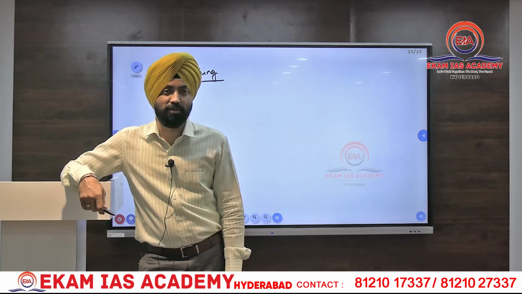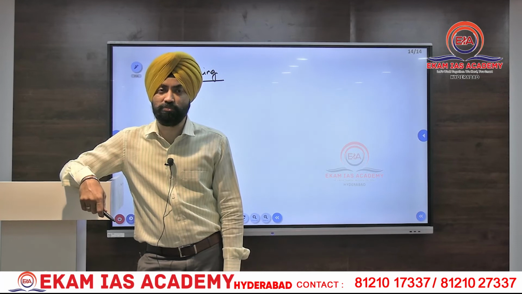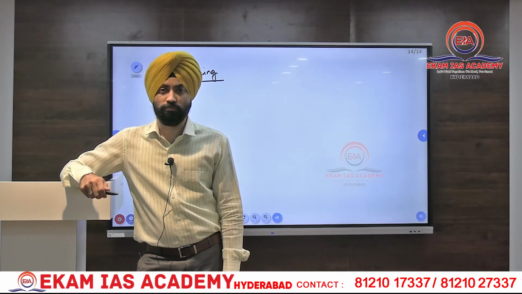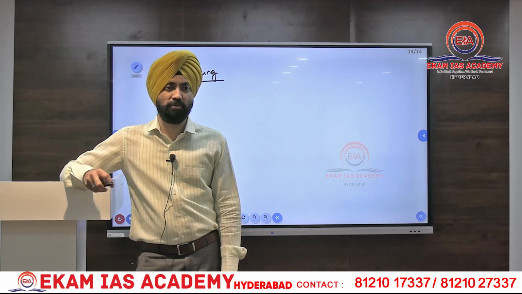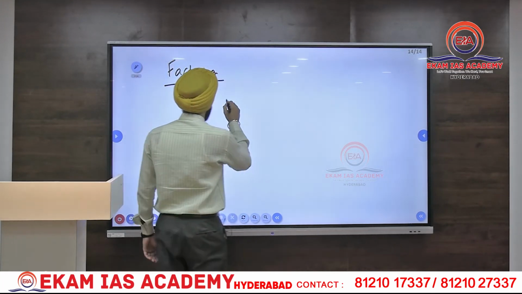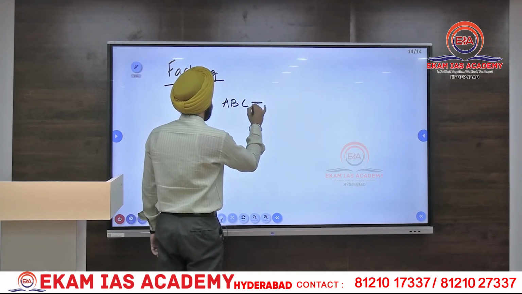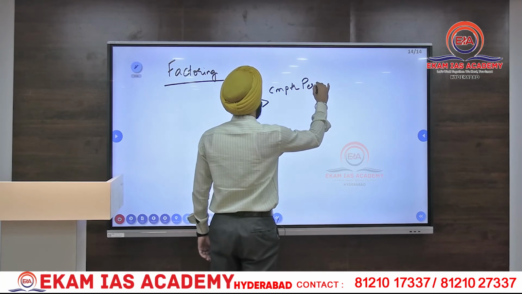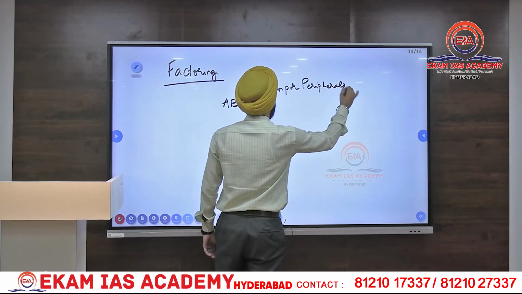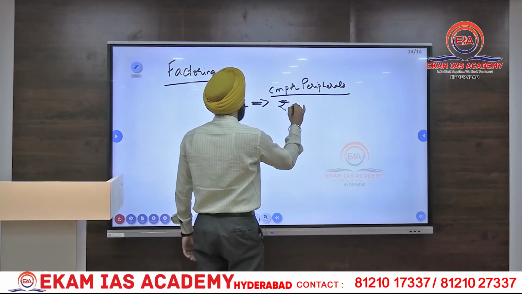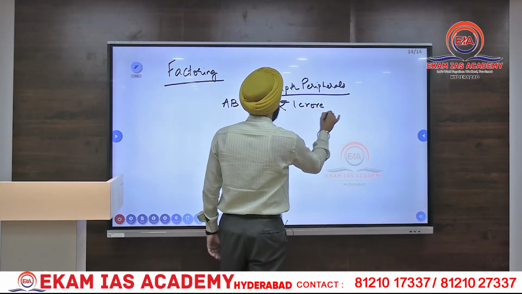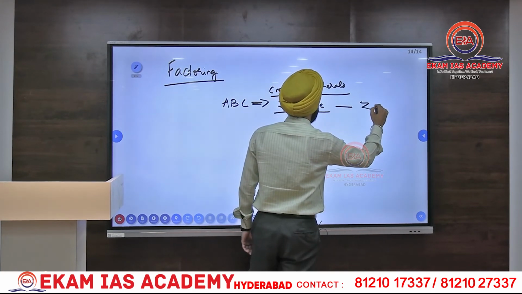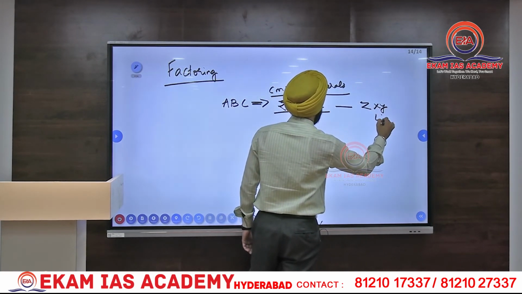Explain. Say for example, I am ABC Limited company dealing in computer peripherals. I have sold 1 crore rupees worth of computer peripherals to XYZ Limited.